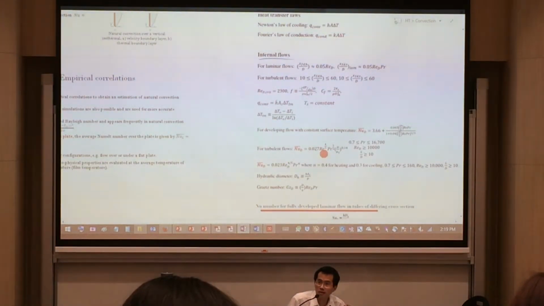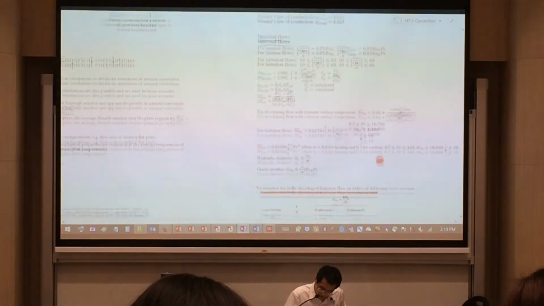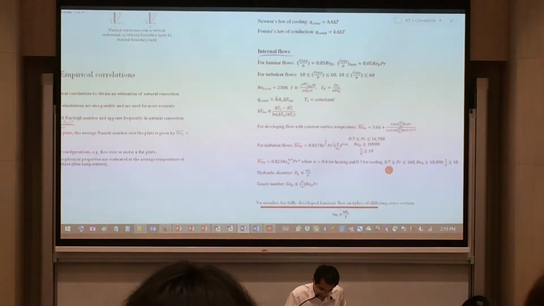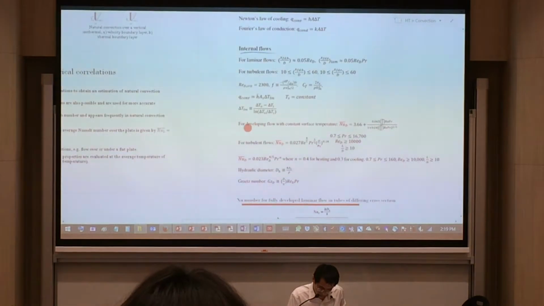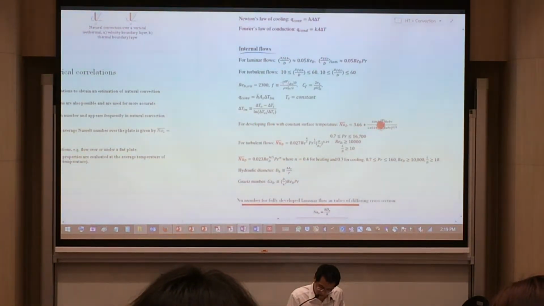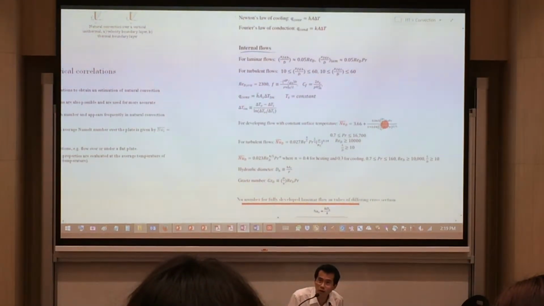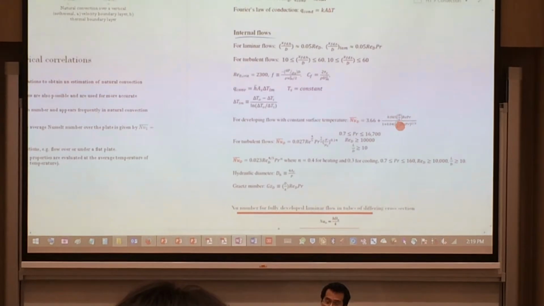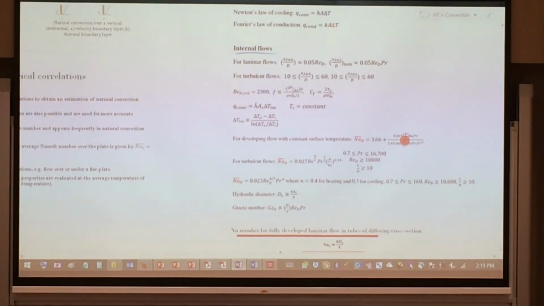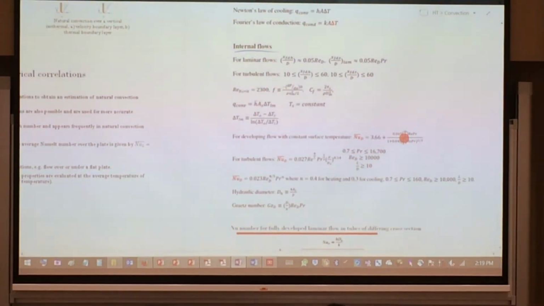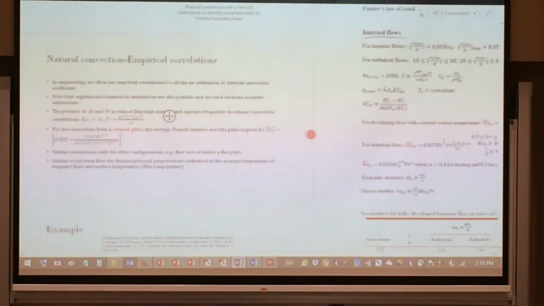It's always the case for internal forced convection. Looking at another one, developing flow with constant surface temperature, the Nusselt number is also a function of Reynolds number and Prandtl number. That means it depends on these two dimensionless numbers.